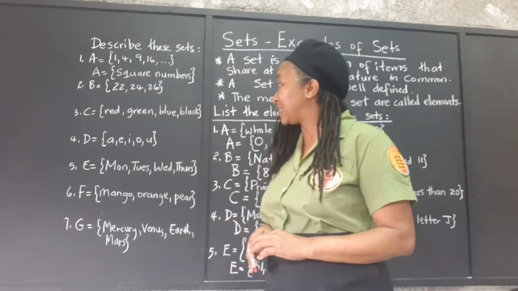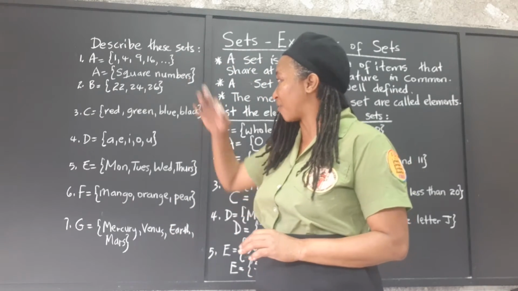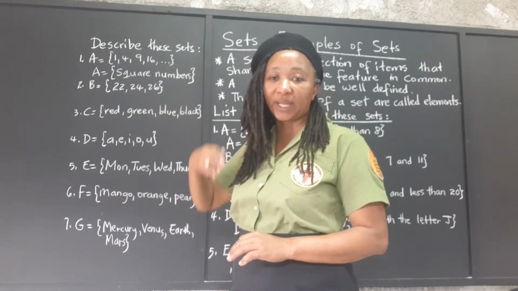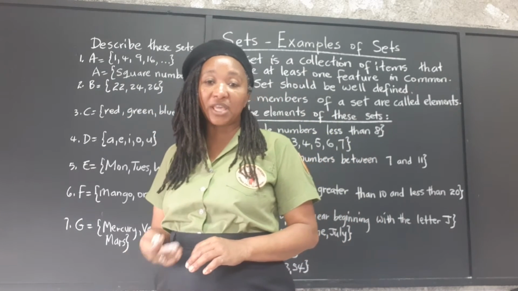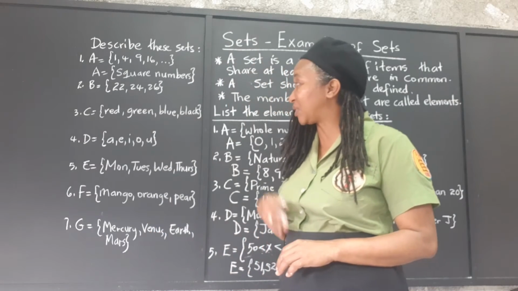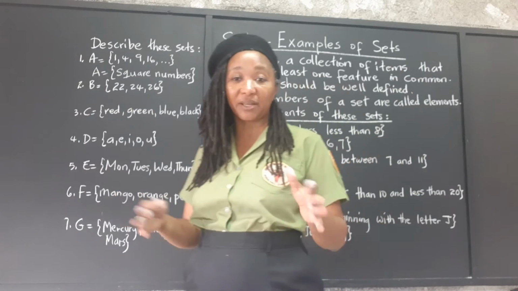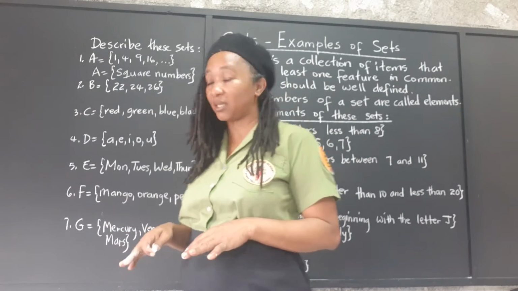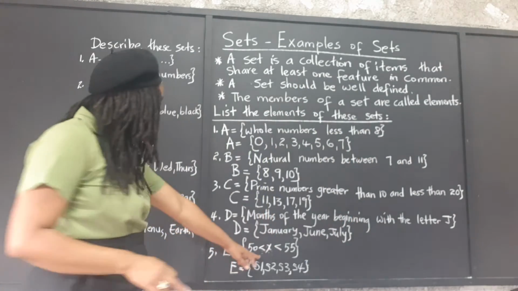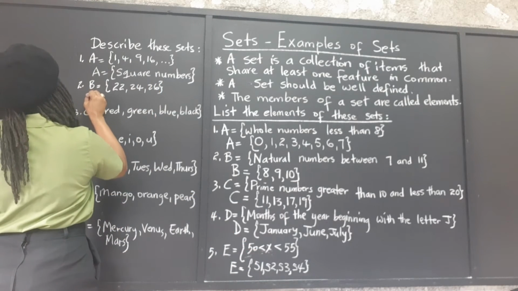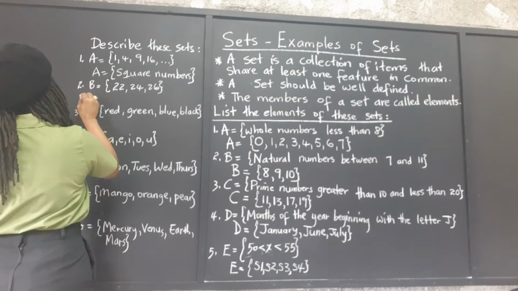So we could say these are the even numbers that are greater than 21 and less than 27. Or the even numbers between 21 and 27. Anything along those lines, right? So we can use the formats given here, or we can just describe it.